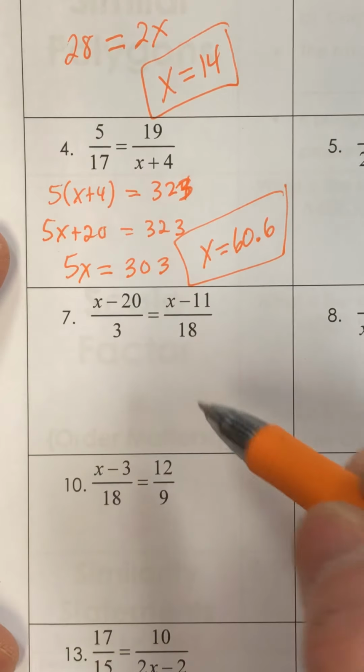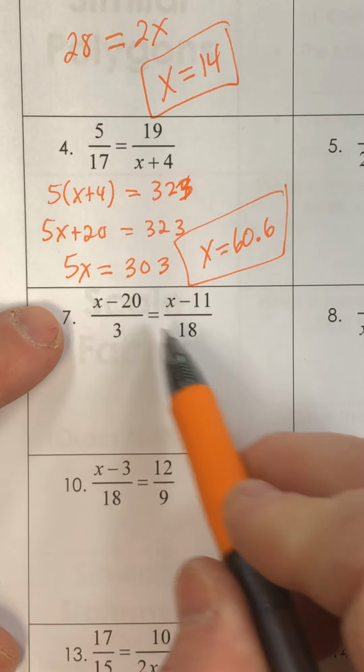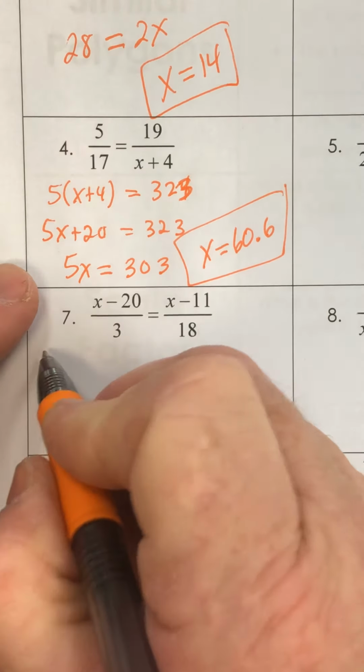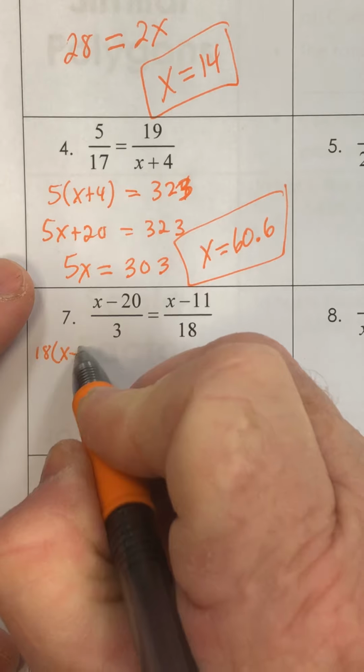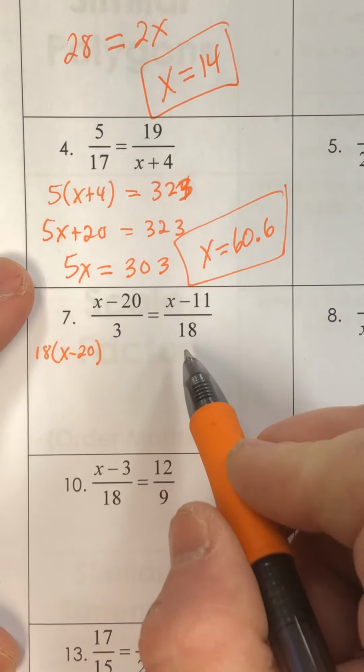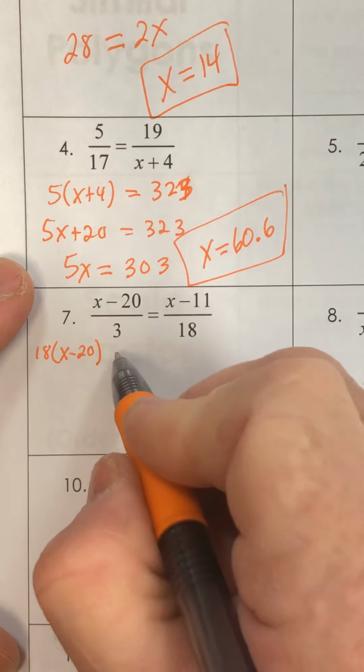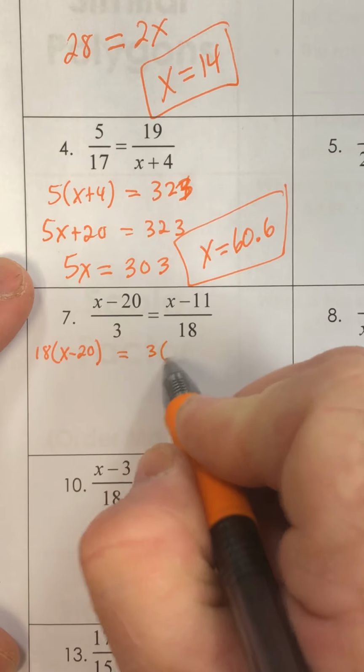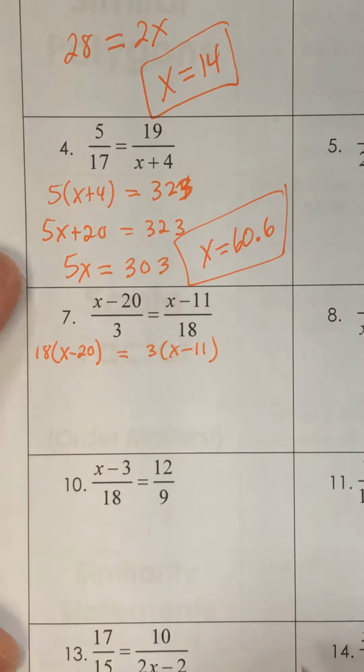Cross multiply. X minus 20 times 18. So it's 18 times x minus 20. Then the other one, 3 times x minus 11. Set it equal to 3 and x minus 11.